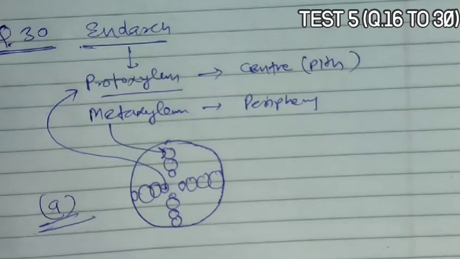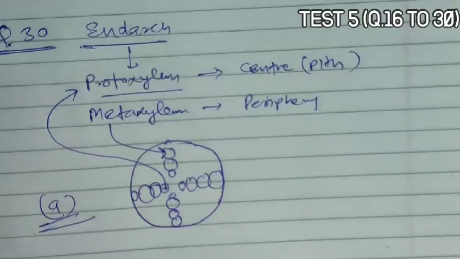Next is question 30. Question 30 asks that endarch is a condition in which, as we have just discussed, the protoxylem is present towards the center, that is the pith, and metaxylem is present towards the periphery.